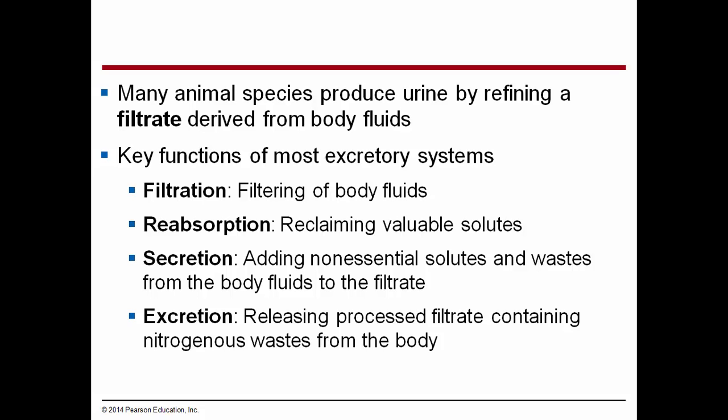Key functions of most excretory systems are filtration, the filtering of bodily fluids; reabsorption, the reclaiming of valuable solutes; secretion, adding nonessential solutes and waste from the body fluids to the filtrate; and excretion, releasing processed filtrate containing nitrogenous waste from the body.